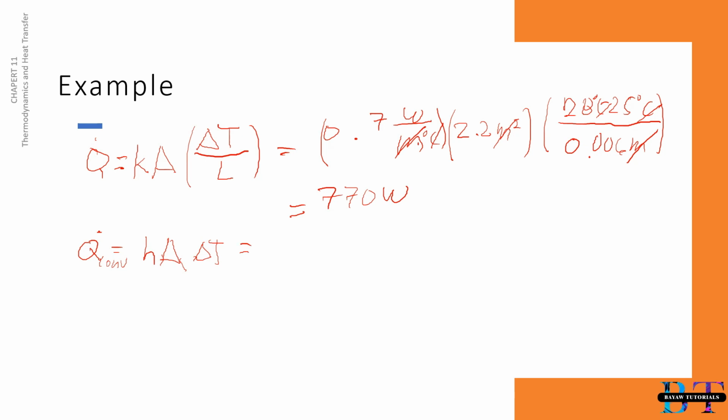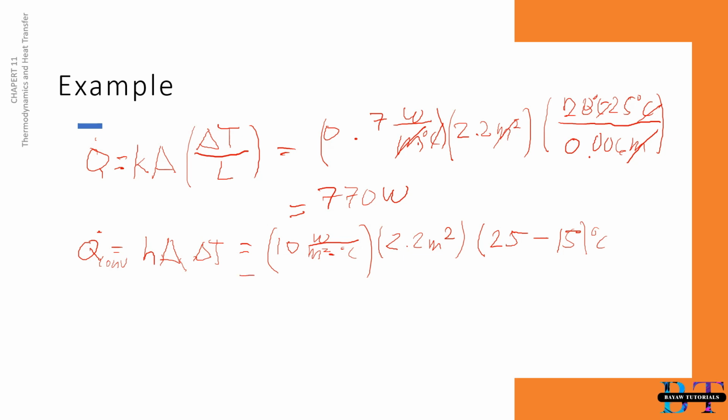So we have the heat transfer coefficient equal to 10 watts per square meter times degrees Celsius, times 2.2 square meter, times the change in temperature: the temperature of the surface, 25, minus the temperature far from the surface, 15 degrees Celsius.